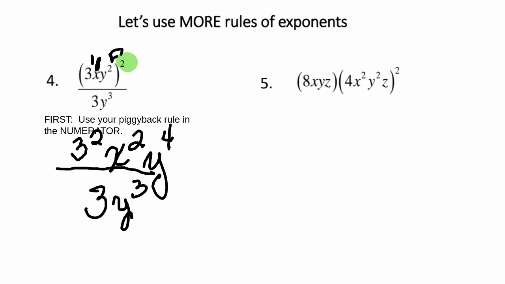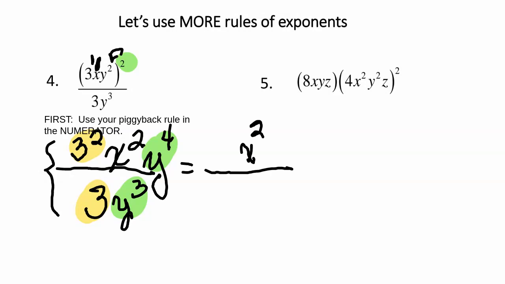Well, notice right away I have a fraction. I have numbers, and I have a y at the top and a y at the bottom. But I still have that x. Well, I can't get rid of that x. That x is going to stay in the numerator.